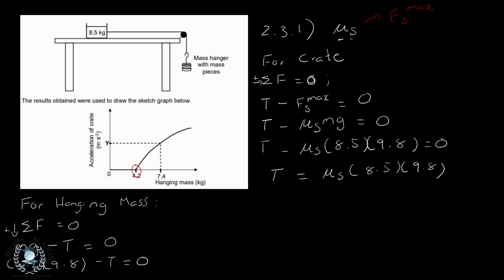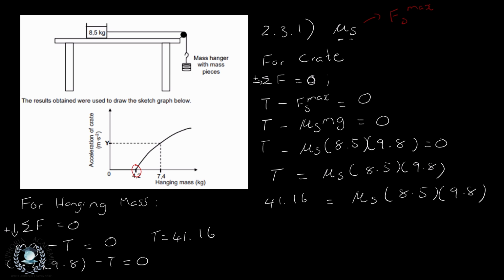When we do the mathematics, we will find that our tension is equal to 41.16. Apologies, I wrote the decimals wrong at first. We're going to substitute that in, and all of that is equal to mu s multiplied by 8.5 multiplied by 9.8.